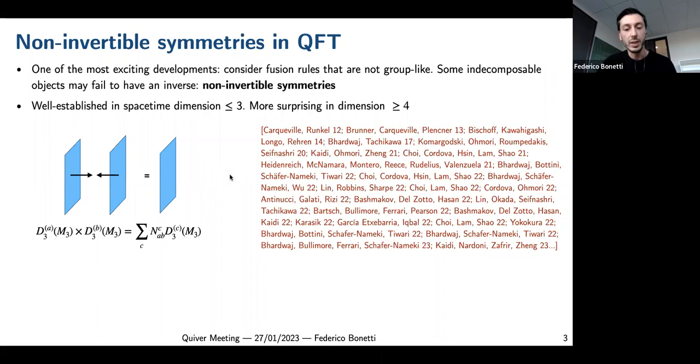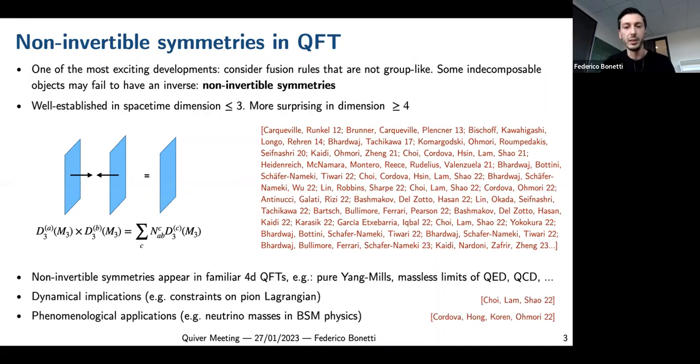While these non-invertible symmetries in 4D might seem a little exotic at first sight, they have been found in fact in many familiar examples. For instance, they can appear in pure Yang-Mills theory, even in theories that are very close to particle physics, like suitable massless limits of QED or QCD, and they have been shown to have important dynamical implications.